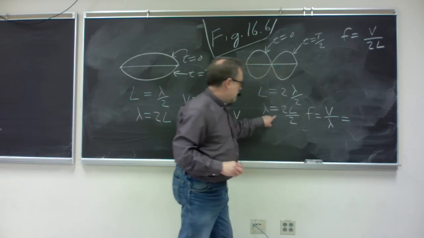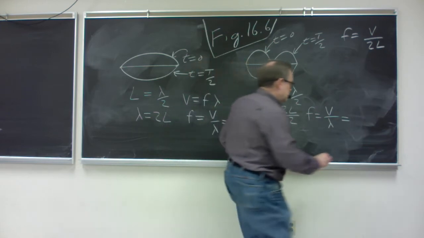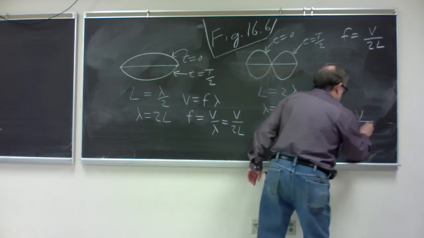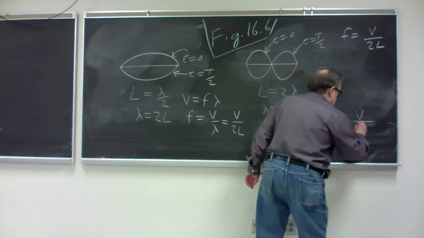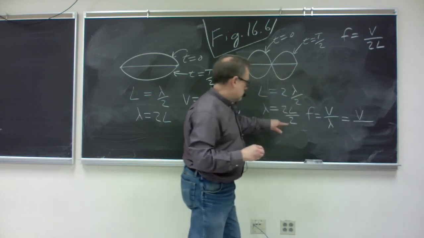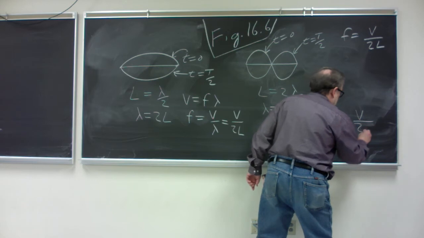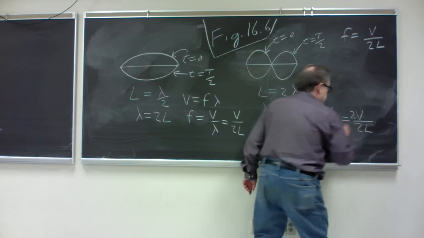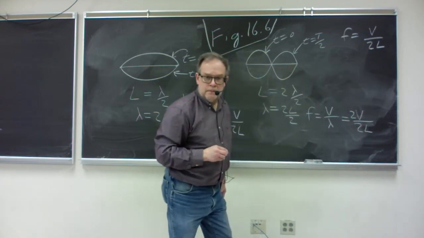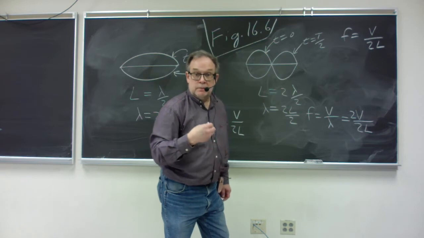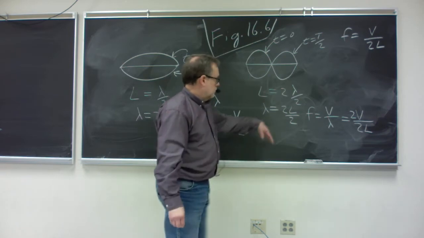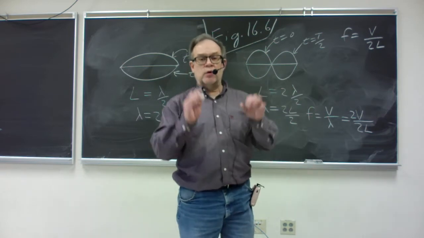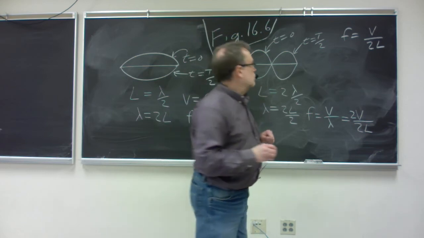In this case, wavelength is 2L over 2. So we have speed over 2L over 2. So that's the second wavelength and frequency that would be just right to give you a standing wave.